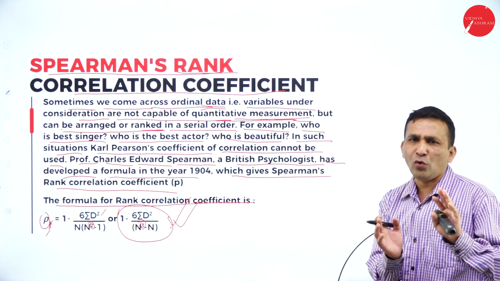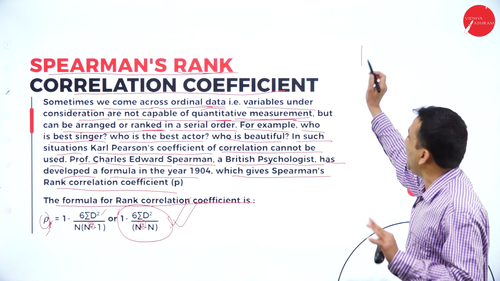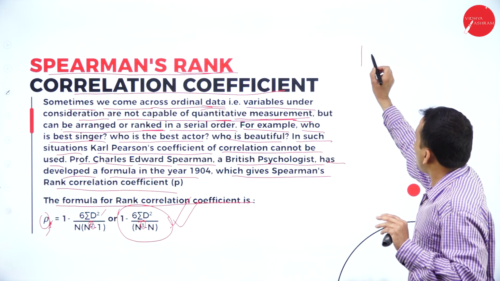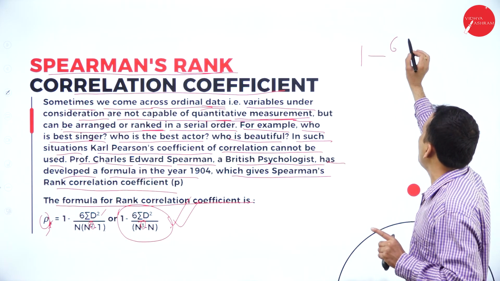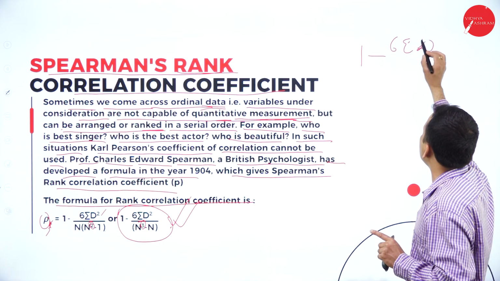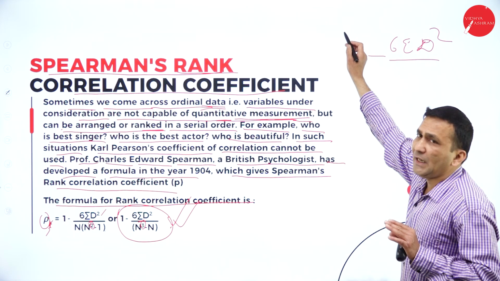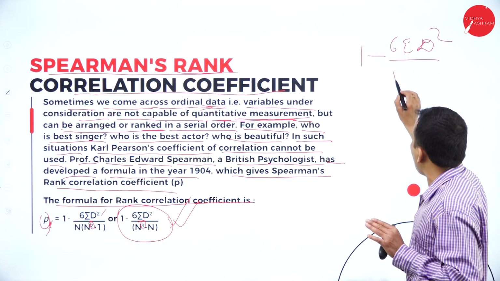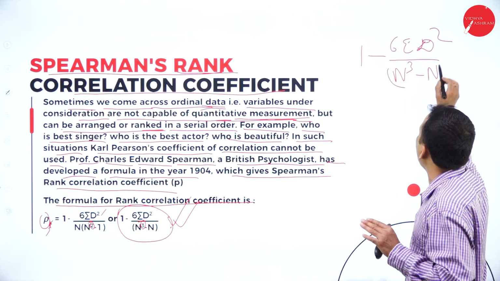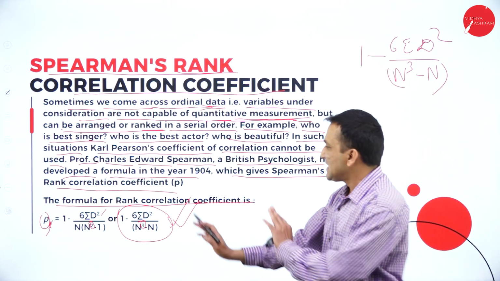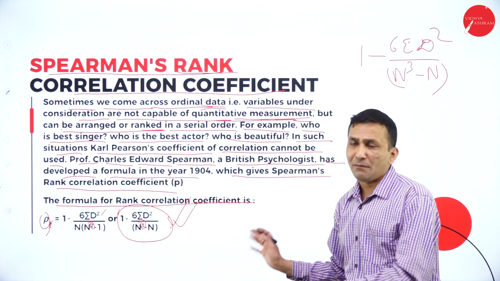How to remember? We always assume the total probability is 1. From this we consider 6 as a number, sigma d square, and the total probability comes in the n cube minus n format. You must remember that for non-repeated data, we depend on non-repeated numbers only.